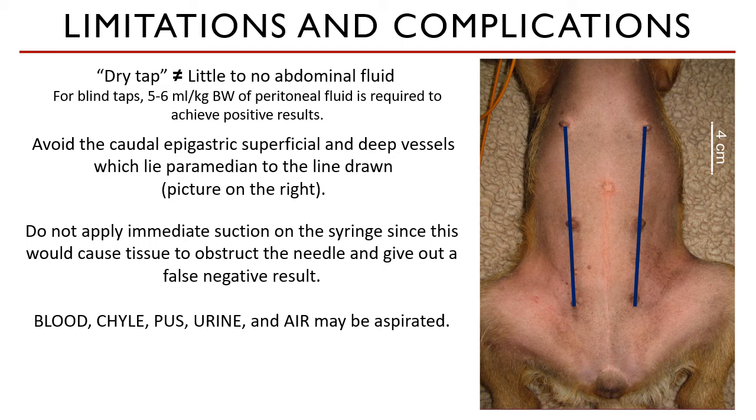You air dry it, stain it with Diff Quick, and examine it under the microscope and check if there are inflammatory cells, presence of bacteria, which is indicative of peritonitis, or if there are a lot of red blood cells, and complete this cytologic exam to give you a better picture of what could be happening inside that abdomen.